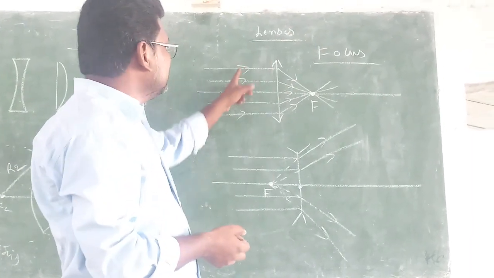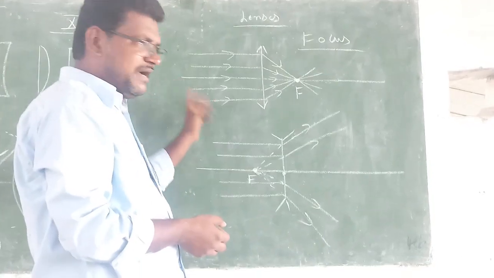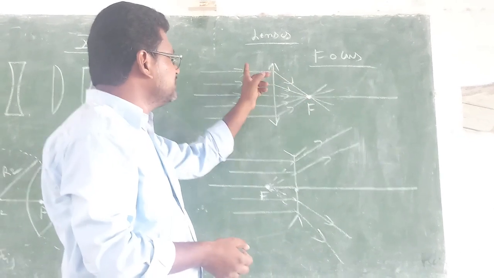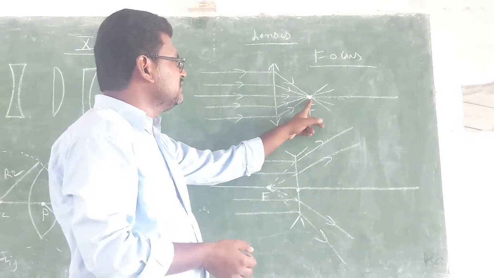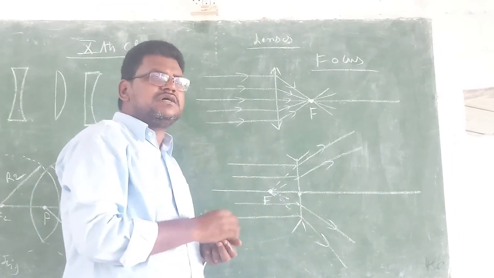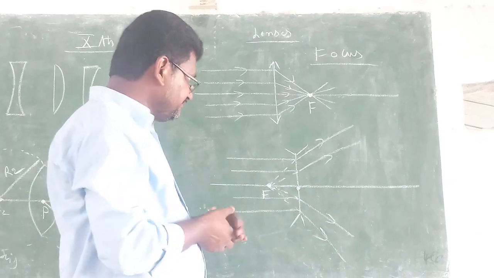Okay, so here the light rays coming from the infinite distance object are parallel to each other and parallel to the principal axis, and after the refraction, the refracted light rays converge at one point by a convex lens. Now let's see how to define a focus or focal point.